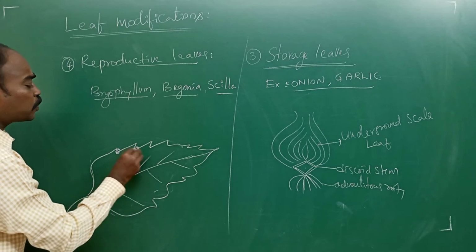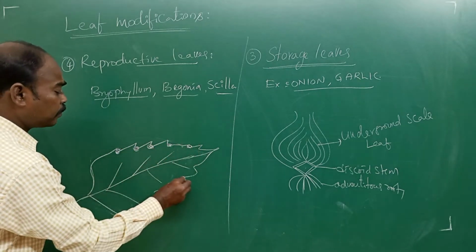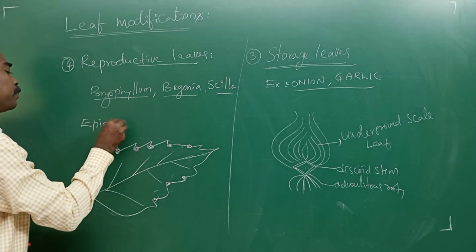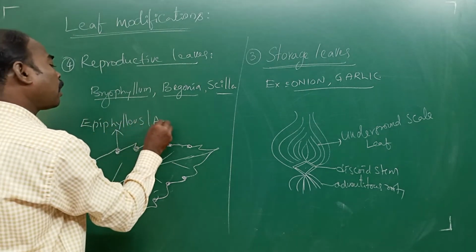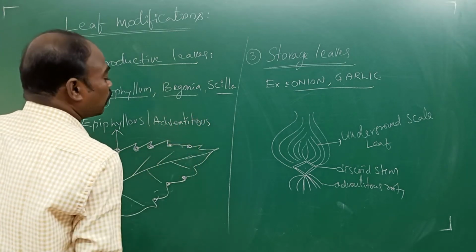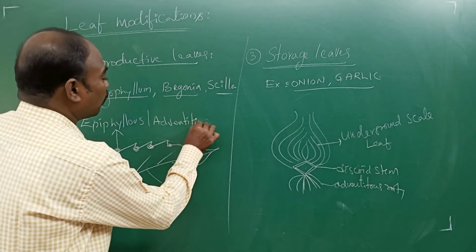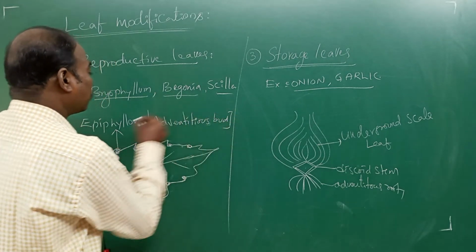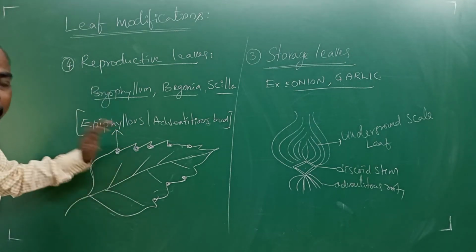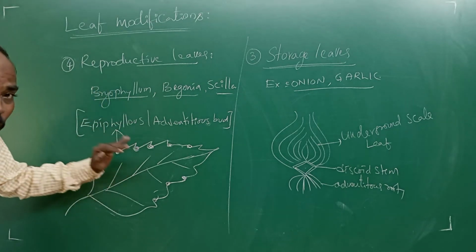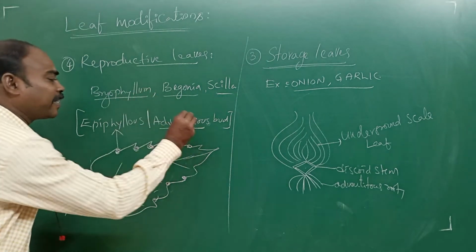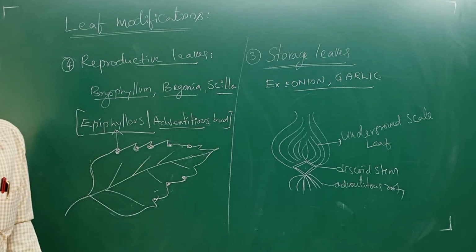The buds develop on the margins of the leaf. These buds are called epiphyllous or adventitious buds. Epi means upper, phylla means leaf. Epiphyllous means the buds develop on the margins or upper side of the leaf. These buds are otherwise called adventitious buds also.